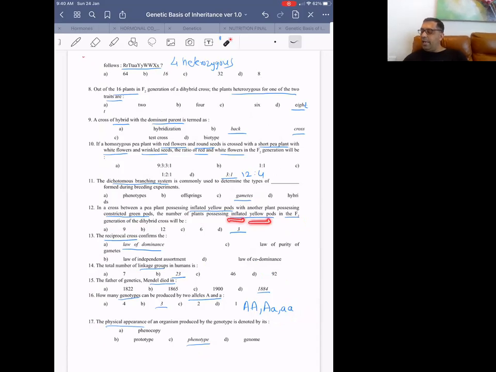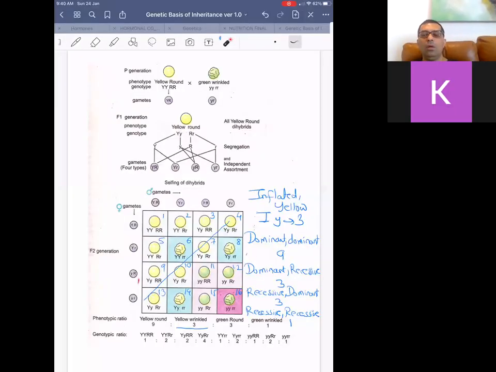So inflated yellow pods will be I capital, y small, and that will be 3, of which 1 will be capital I, small y, and 2 will be capital I, small y, small i.